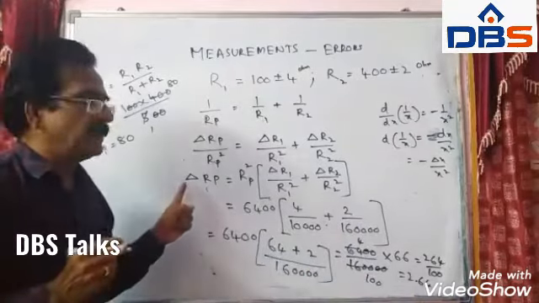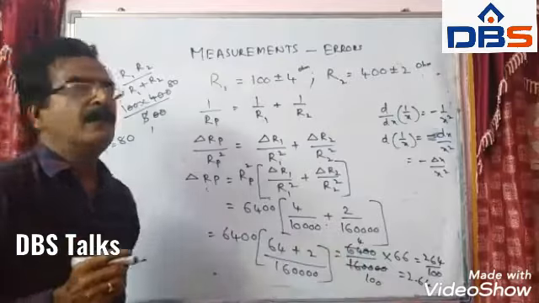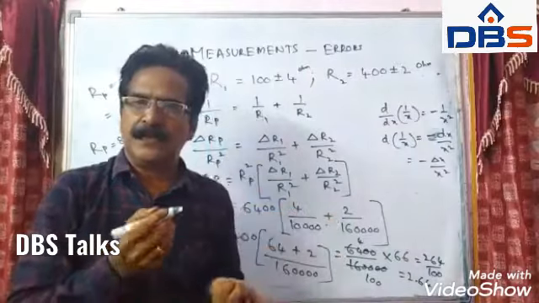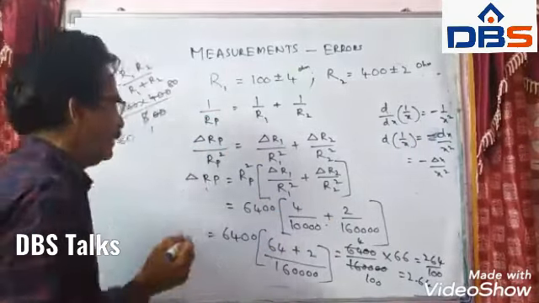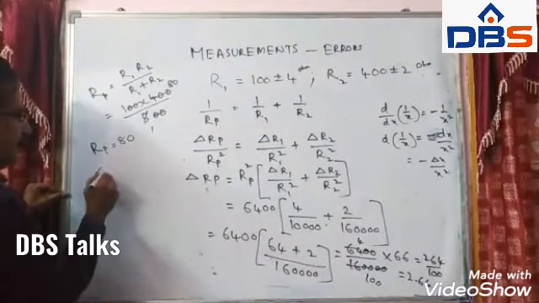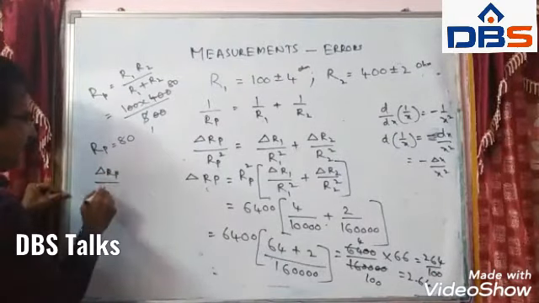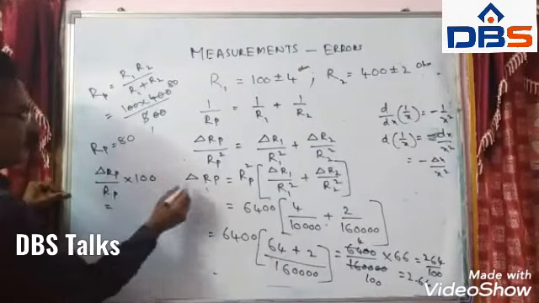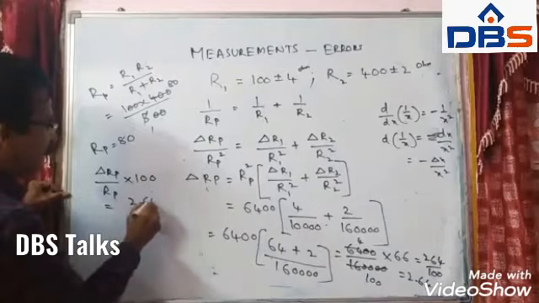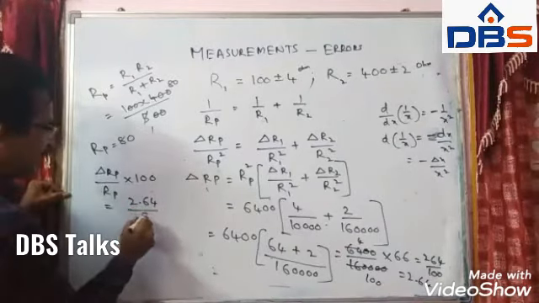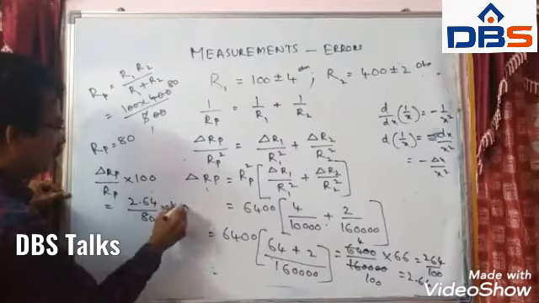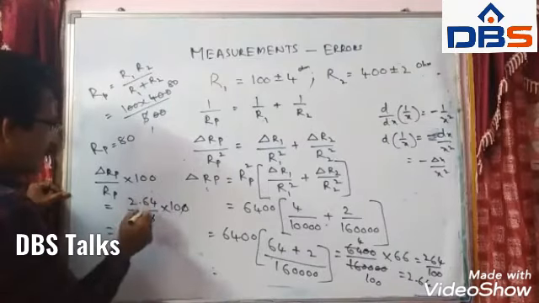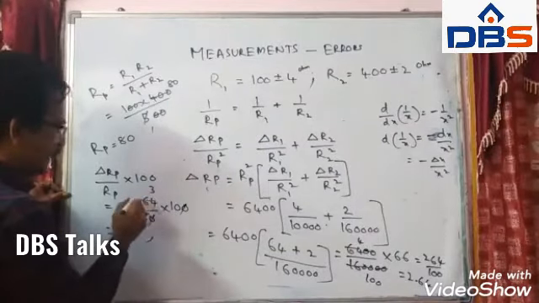So delta RP is 2.64. Now we want the error percentage. Error percentage we know is delta RP by RP into 100. Delta RP 2.64 by RP 80 into 100. 0 cancel. 8 3s 24.